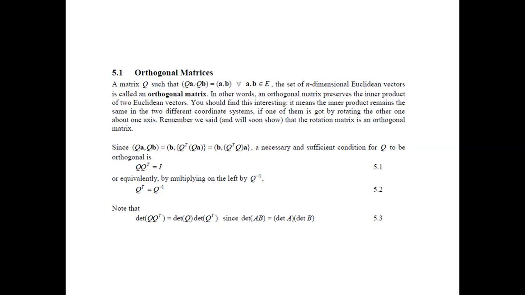The necessary and sufficient condition for Q to be orthogonal is that Q transpose Q be the identity matrix, because in that case, B transpose Q transpose Q A will be B transpose A. Or equivalently, by multiplying on the left by Q inverse, Q inverse Q transpose Q will be equal to Q inverse I. On the left, Q inverse Q will be equal to the identity matrix.